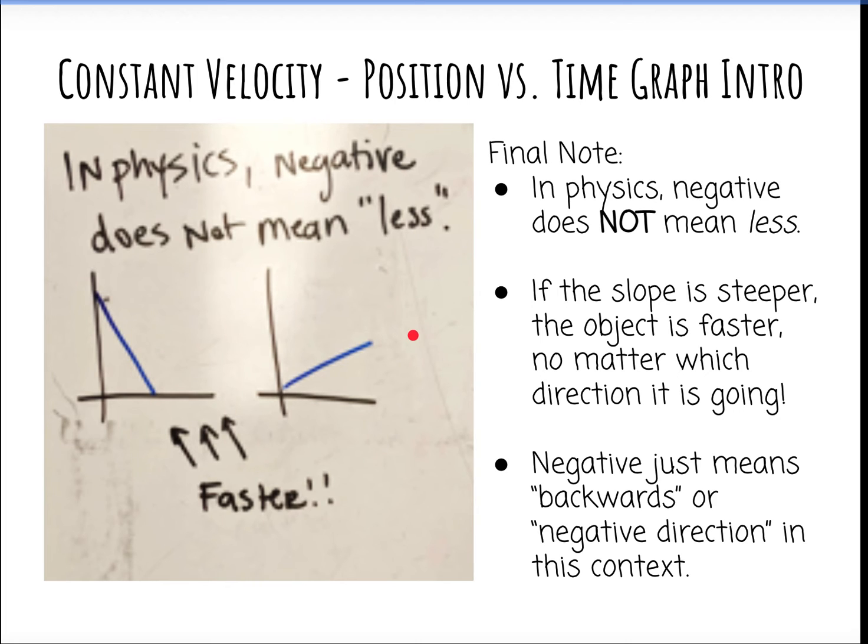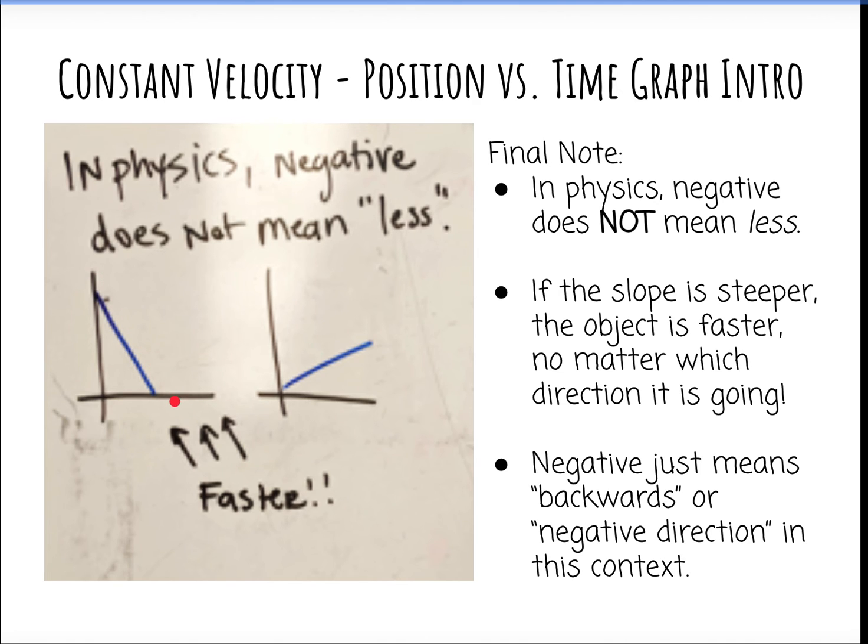One last note, in physics, negative does not mean less. So here we have two different position time graphs. This position time graph on the left is showing a much faster speed, even though the velocity is negative. The velocity is negative here because we are returning to the origin, right?